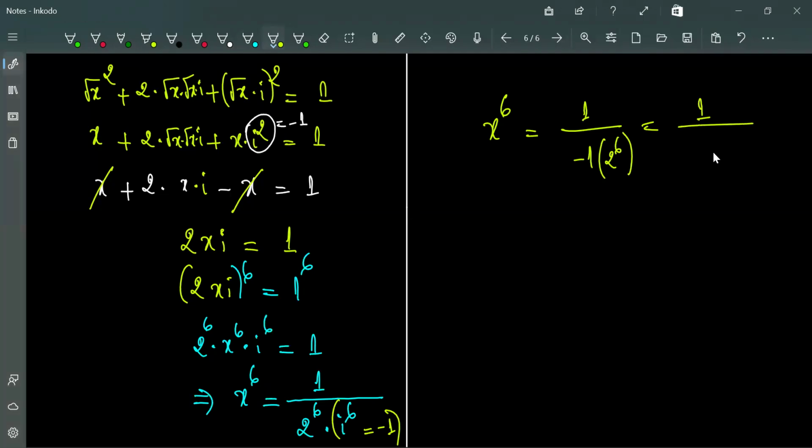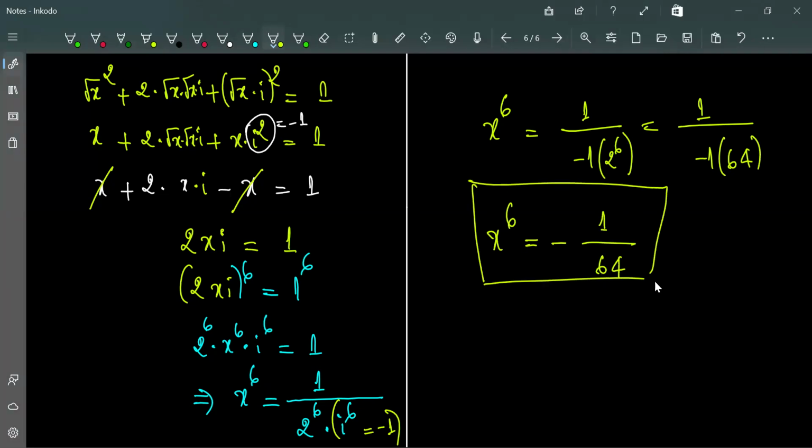You can write 1 over negative 1 times 64. So x power 6 is equal to negative 1 over 64. The first method and the second method have the same answer. So x power 6 is equal to the negative of 1 over 64.